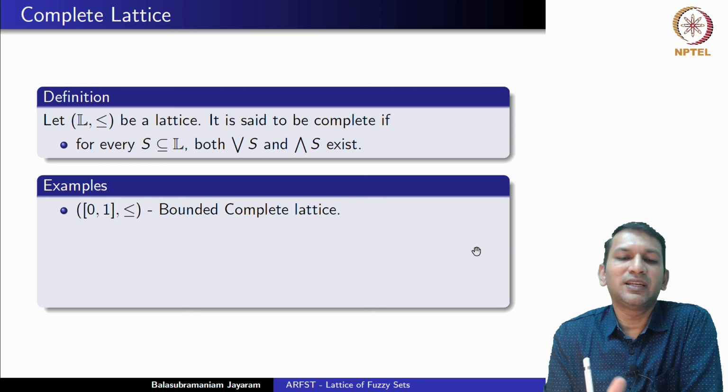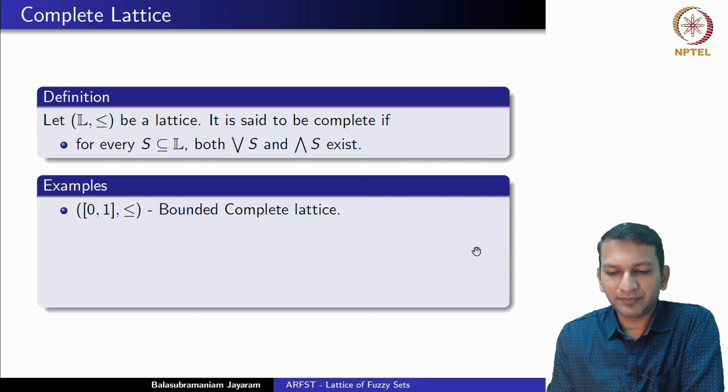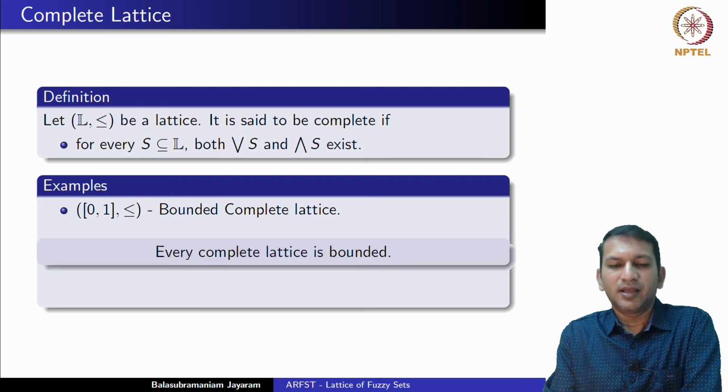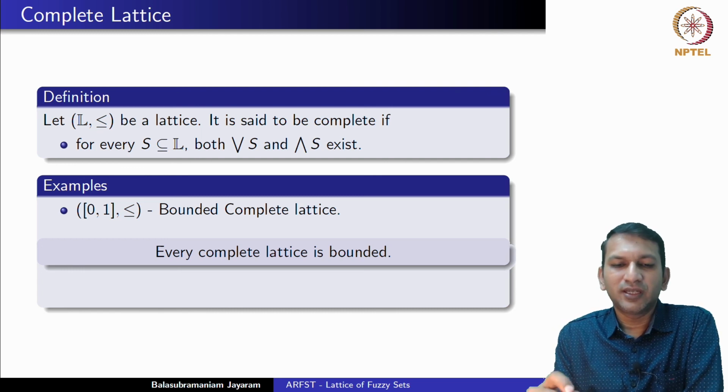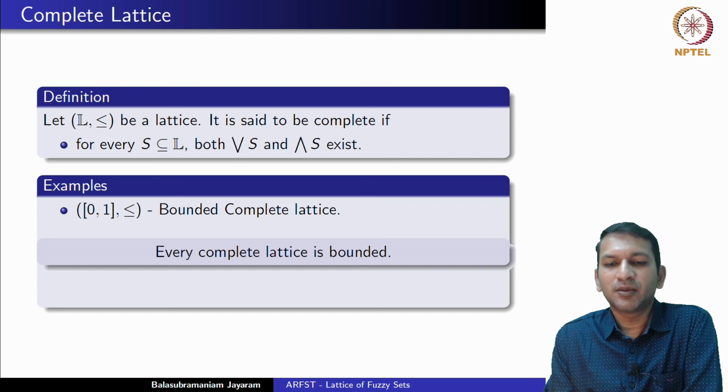In fact, it is a bounded complete lattice. From the definition itself, it follows that every complete lattice is bounded. This can be immediately seen by taking S to be L itself, in which case the join of L and the meet of L will exist, and they will turn out to be the upper and the lower bounds of L.